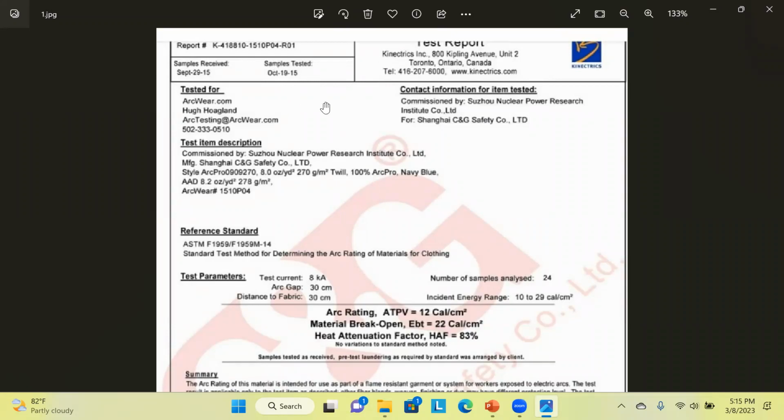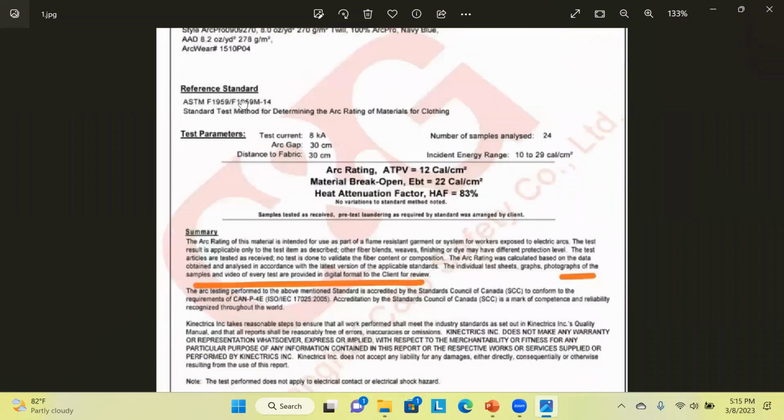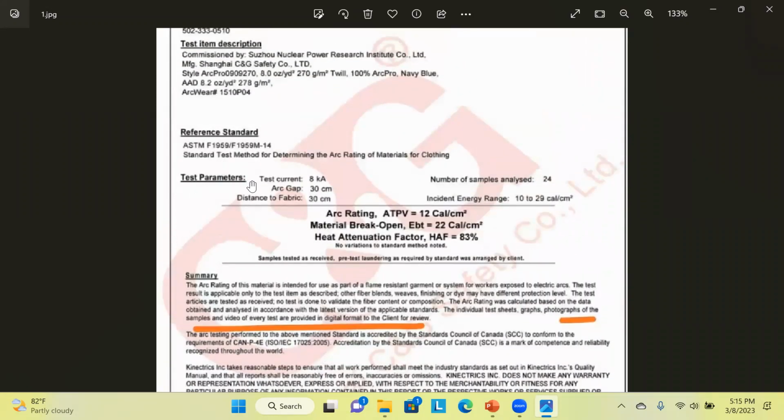They provided this test report showing that they performed the testing on that particular equipment. The test current was 88 kiloampere. They analyzed 24 samples.